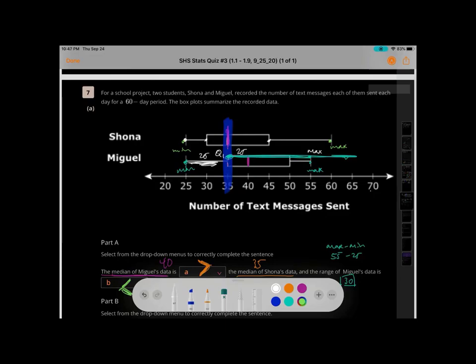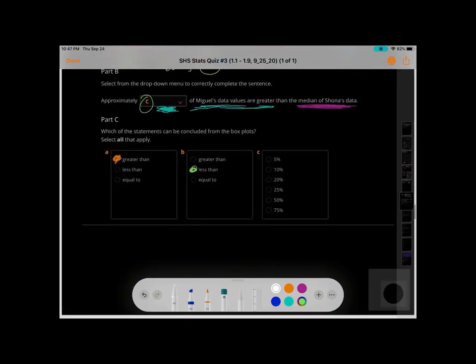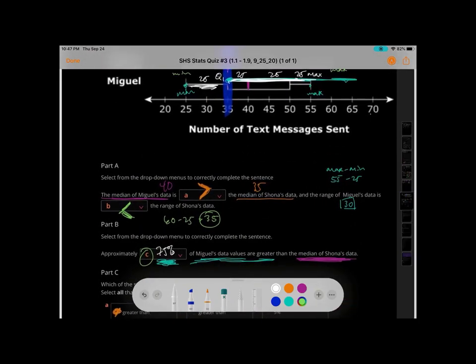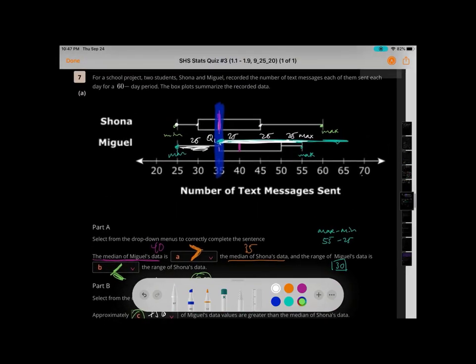So this is 25, 25, and 25. That would represent 75%. Approximately 75% of Miguel's data values are greater than the median of Shona's data.